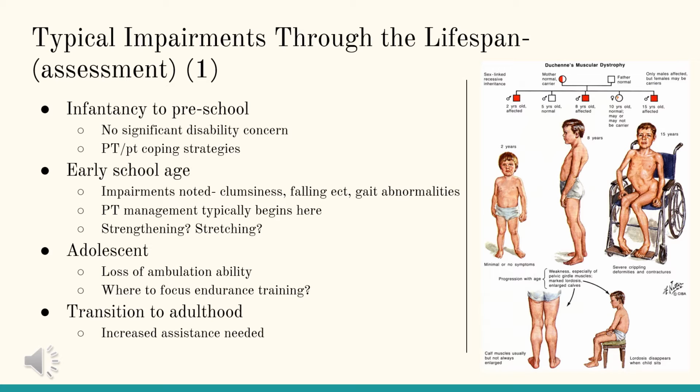This is more of the stage where the family is finding out that their child has Duchenne's muscular dystrophy, usually the age of 1 to 5. Here, the physical therapist can be giving education on the progression of the diagnosis to the family and answering any questions that they have.